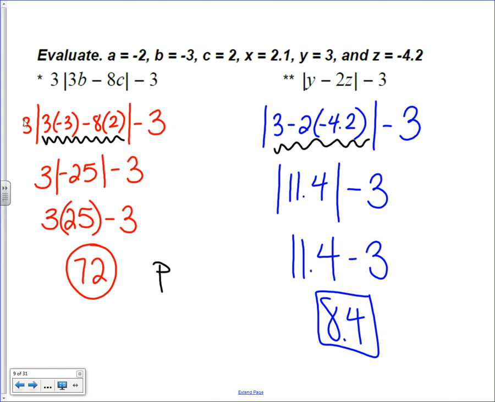Your homework is... hold on 1 second here. Page 105 and 106.